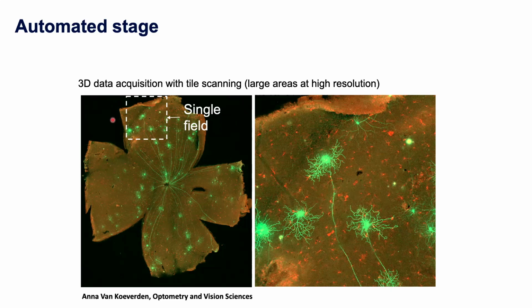And we can use the stage functions on the microscope to take an acquisition, move across, take another acquisition, move across. So we end up building up a high magnification, high quality image of a larger region, which gets stitched together into an individual image. And this certainly helps with cell counting and that type of experiment.